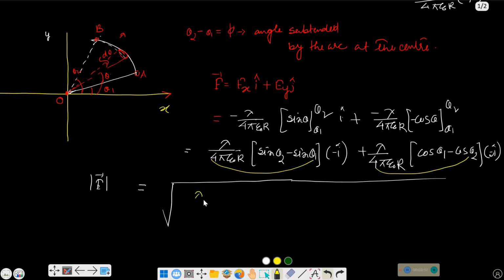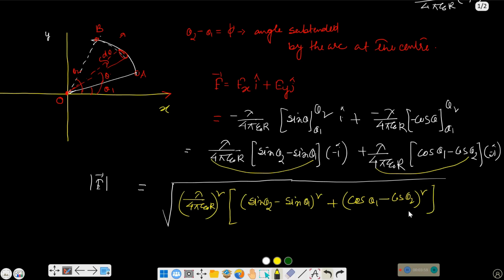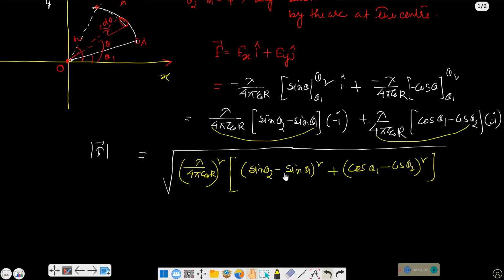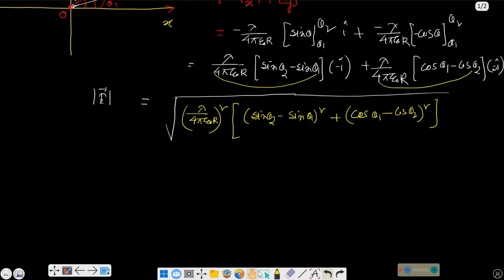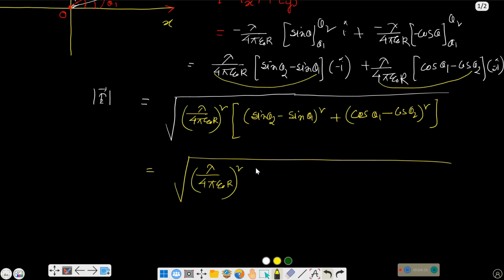Okay, so lambda by 4 pi epsilon naught r square, this will be common for both of these, so we'll square this one: sine theta 2 minus sine theta 1 whole square plus cos of theta 1 minus cos of theta 2 whole square. Okay, so if we calculate this, we'll be left with lambda by 4 pi epsilon naught r whole square.